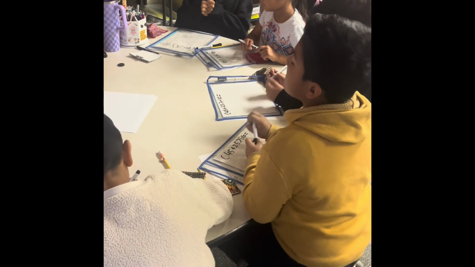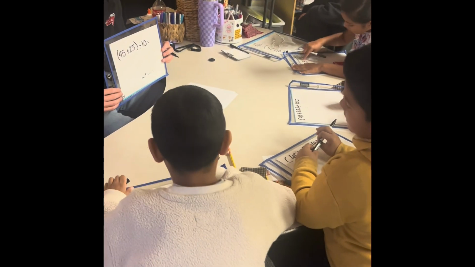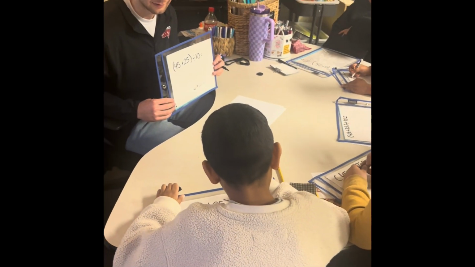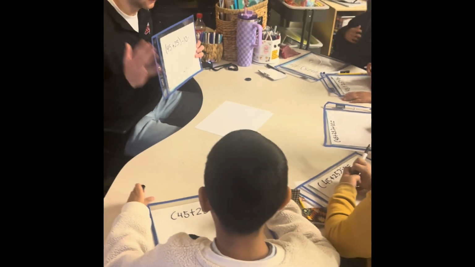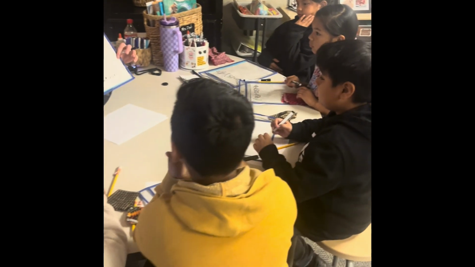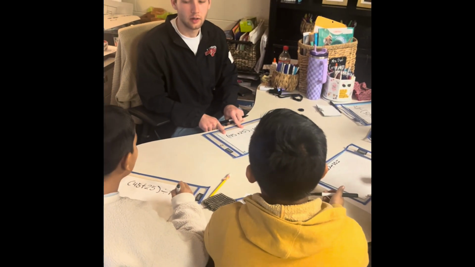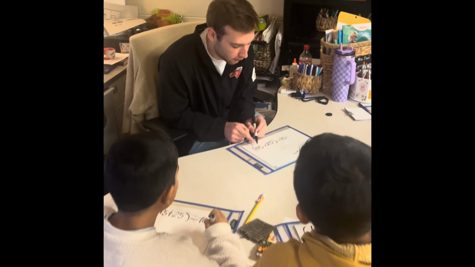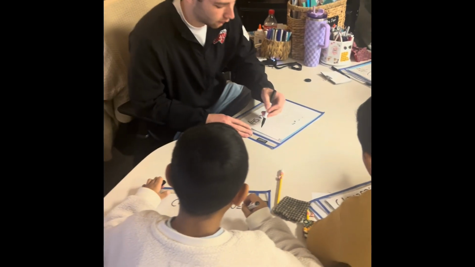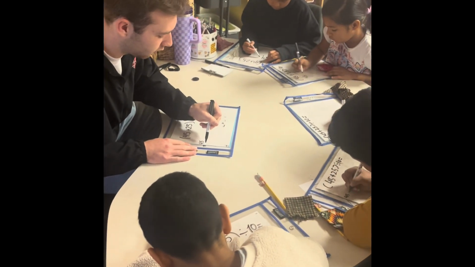Before we freak out, thinking I don't know where to start, let's take a deep breath and then we'll look. Do we see parentheses? Yes. Does that come first in PEMDAS? Yes. So we look inside the parentheses, 45 plus 25. Let's work that out.